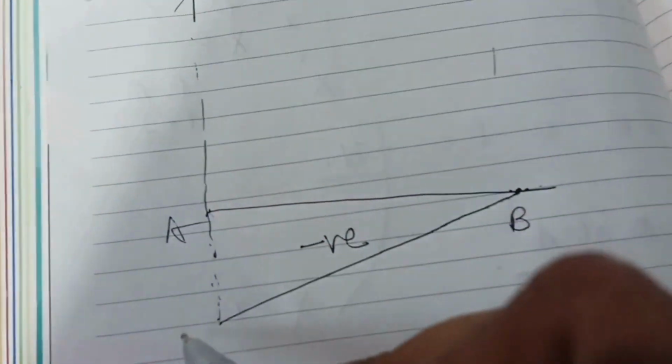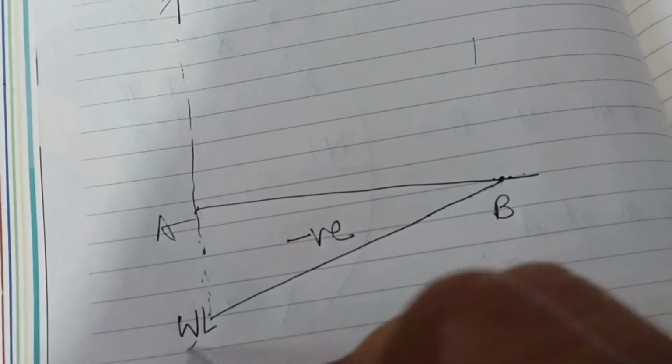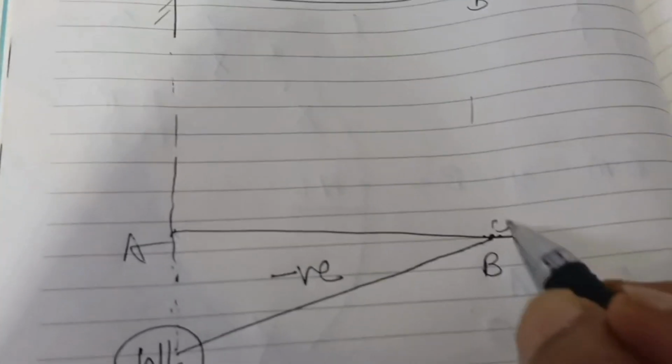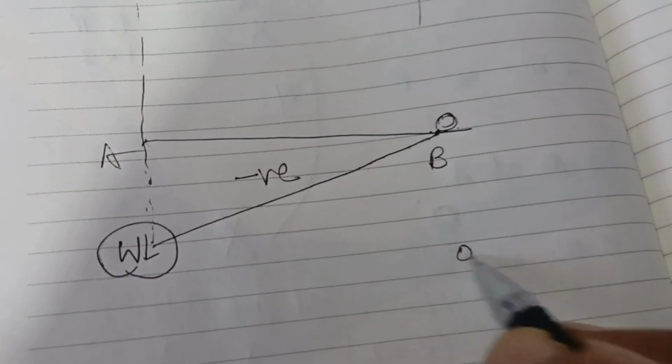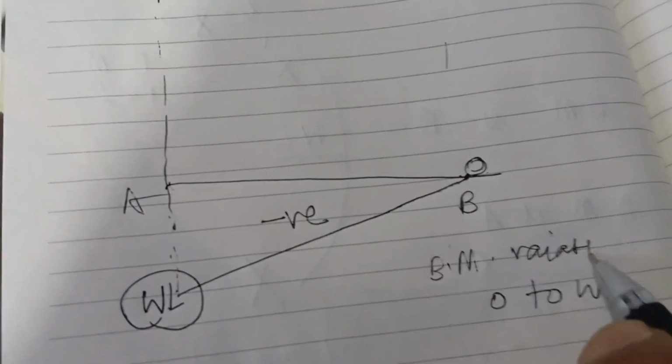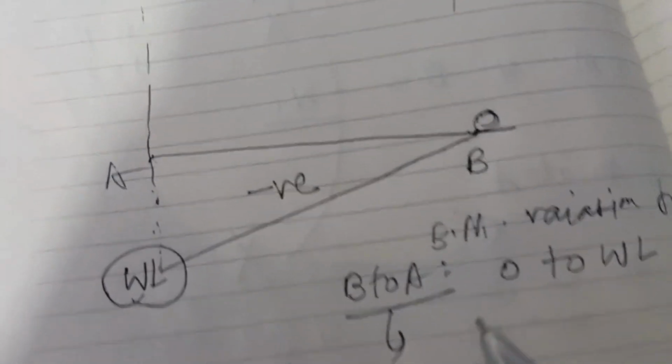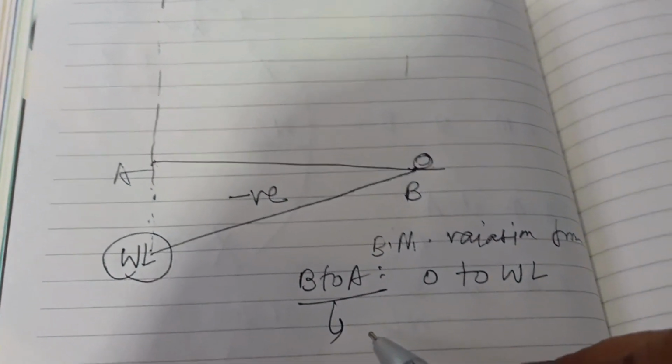This is negative, and at A this is minus WL, which is negative, and here it is 0. So this is varying from 0 to WL, the bending moment variation from B to A, which is nothing but the entire length of the cantilever beam.